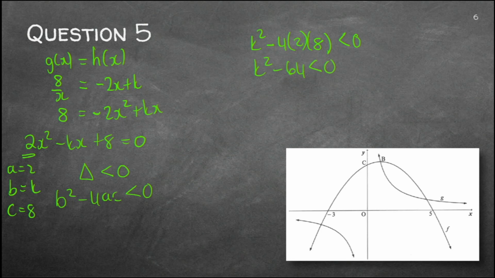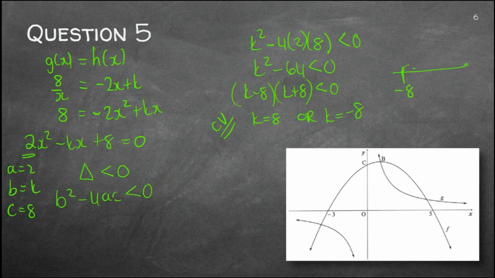So once again, it's (k minus 8)(k plus 8) smaller than 0. Factorize it. Please remember critical values, otherwise you'll lose a lot of marks. That would be k equal to 8 or k equal to -8. Draw a small parabola for me when we answer this.